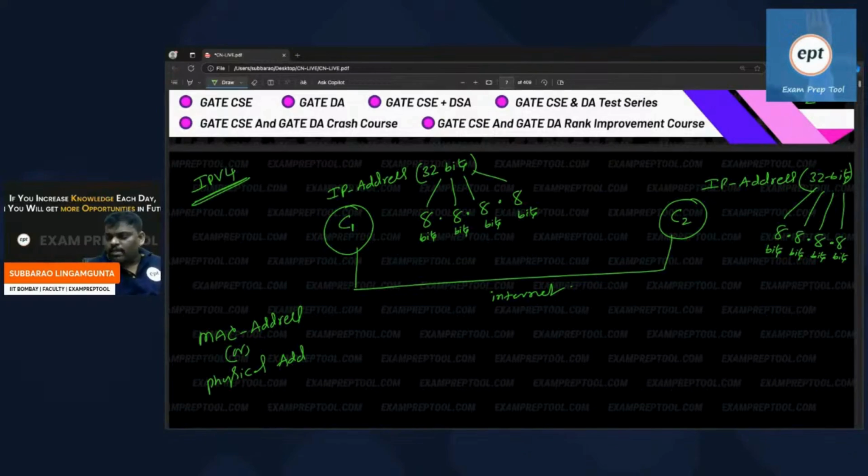A small mistake happens and the total device will spoil. So it is better to always connect with logical addresses. So this is also called a logical address.